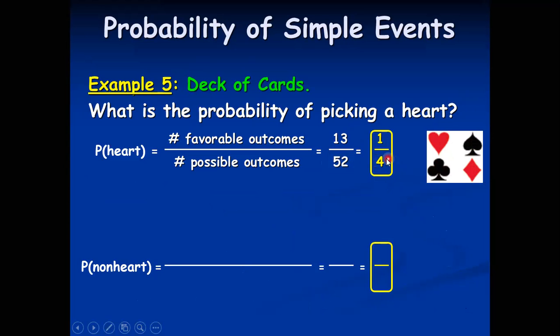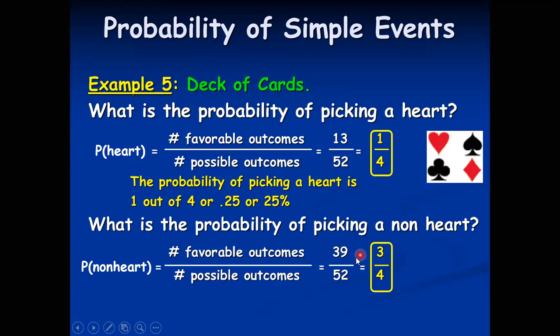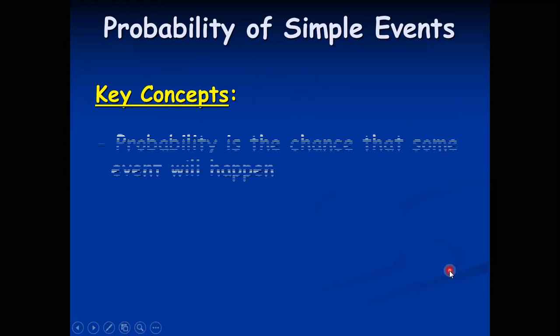The answer can be reduced to 1 out of 4. Then the probability of picking a non-heart, of course, will be 1 minus 1 out of 4. Or you can take the total number of cards which are not hearts, and that will be 39 out of 52, which is 3 out of 4. You can just take 1 minus 1 out of 4, which is also 3 out of 4.